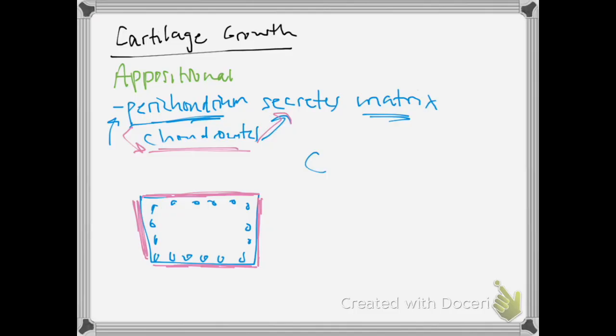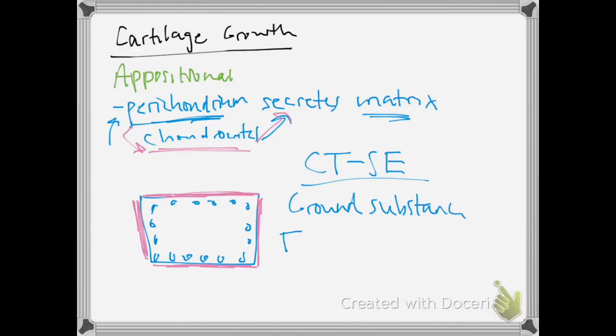So if you remember when we talked about connective tissue, we talked about these things called structural elements that are common to all connective tissue. One is the ground substance. One is fibers, and then the last part is cells. So when we talked about ground substance, that's made up of two things, this background fluid as well as proteoglycans.